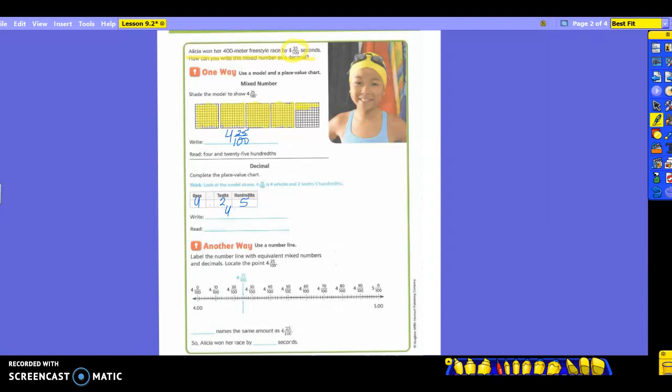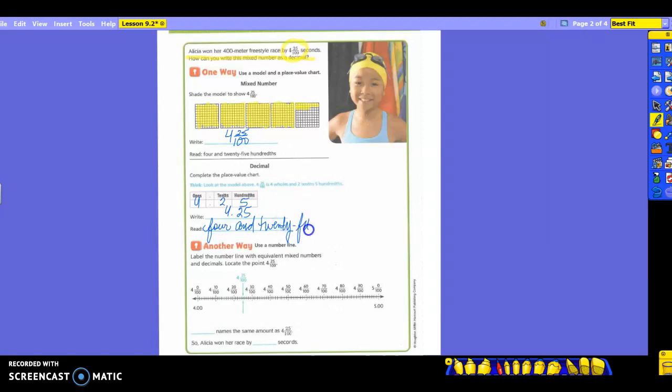4, because I have wholes, right? Decimal point. 25. All right. How do I read this? 4, so you have to spell it out in words. Decimal point spot. What word do I say there? And. Then what do I see? 25.